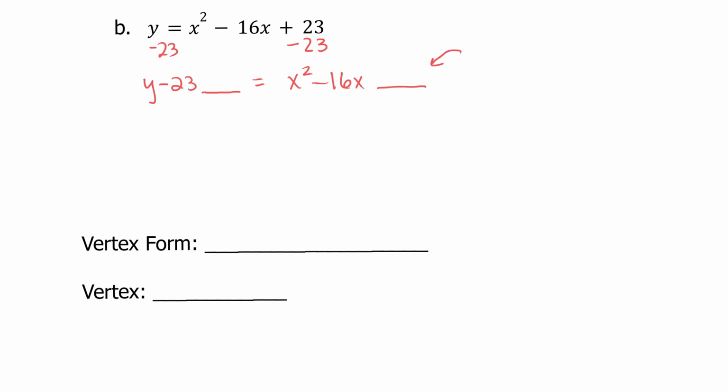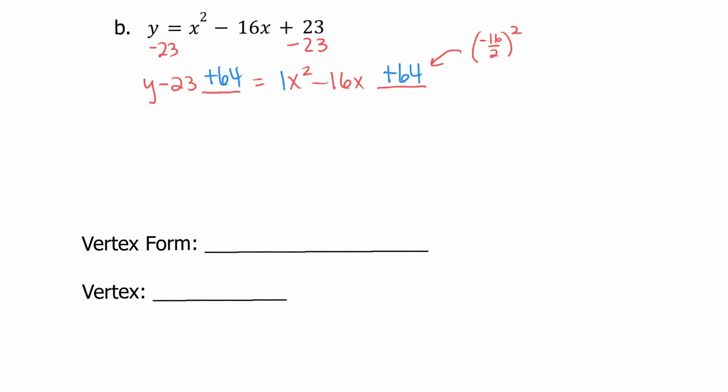Remember, what goes in there is your b value divided by 2, squared. So that's going to be -8 squared, which is positive 64. And that's going to go there and there because my a value is 1.